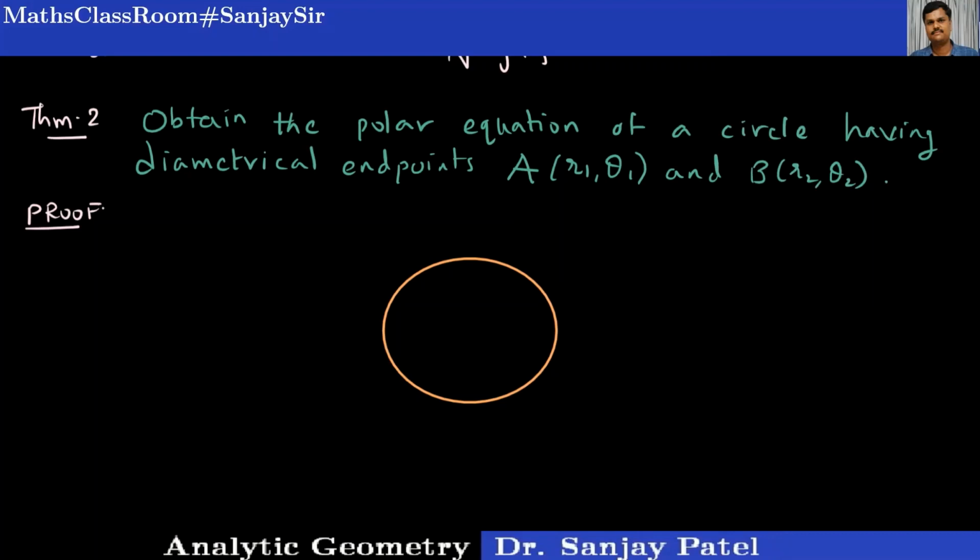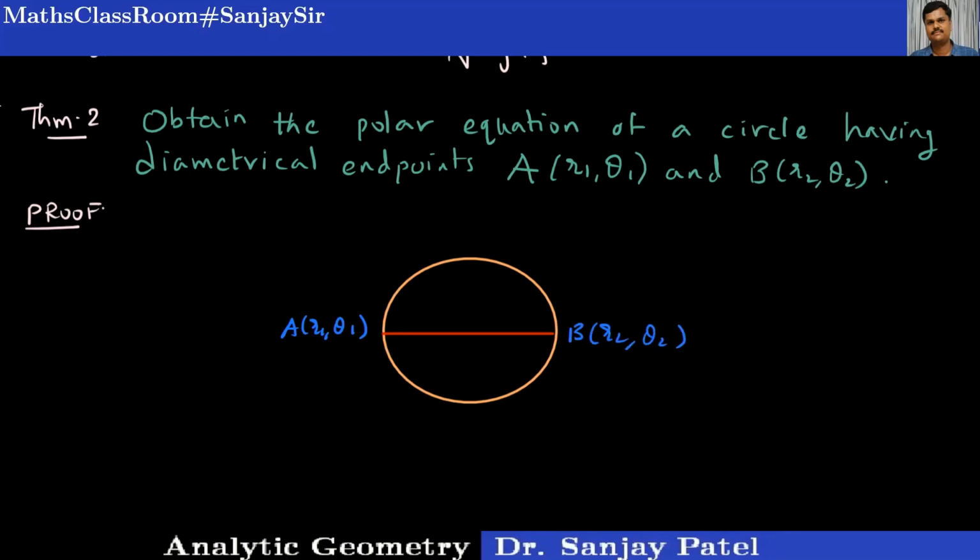So let us draw a diameter of this circle. So this is the diameter of the circle, and the coordinates of this diameter are given as A (r1, theta 1) and B (r2, theta 2).